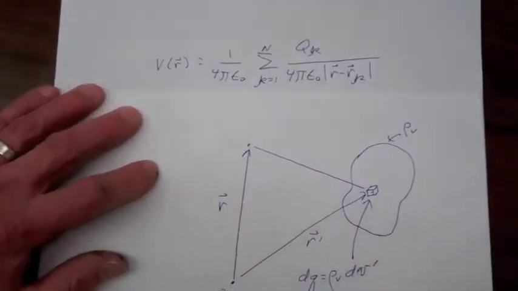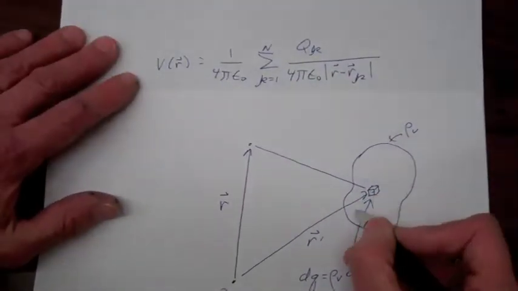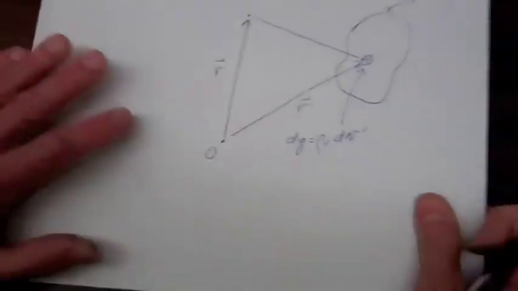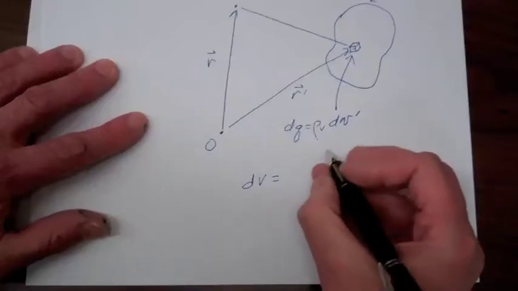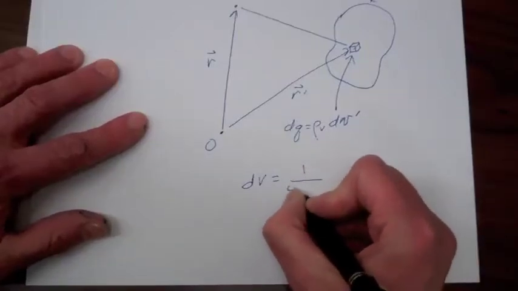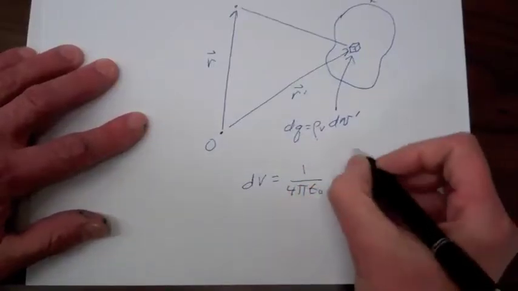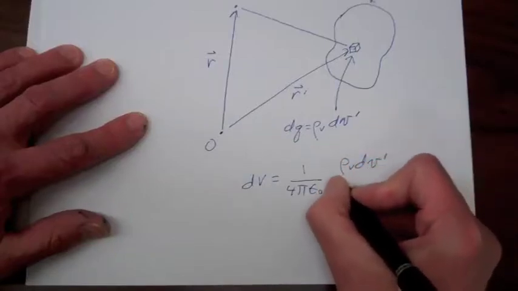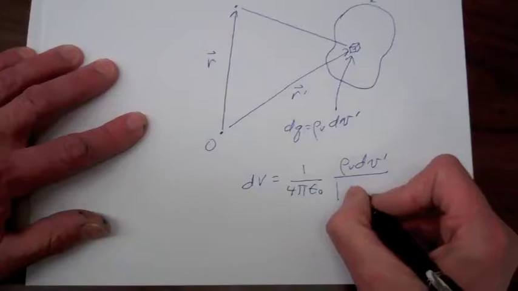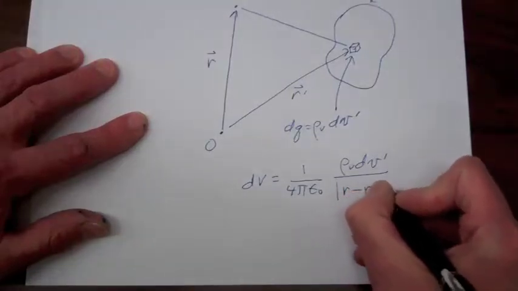So for just this charge packet dq, the potential at r is equal to 1 over 4 pi epsilon sub 0 dq, which is rho sub v dv prime, over the magnitude of r minus r prime.